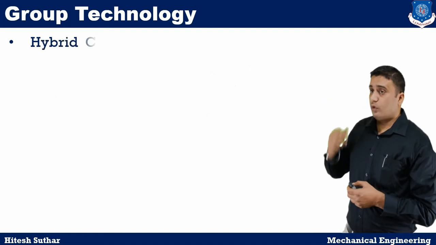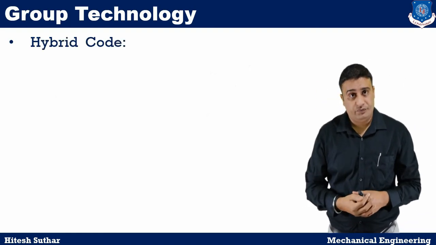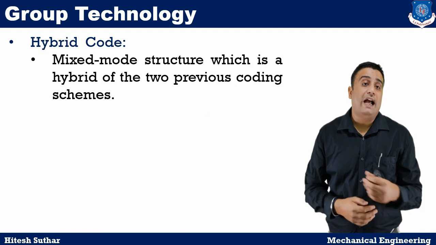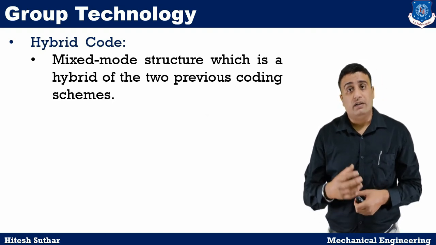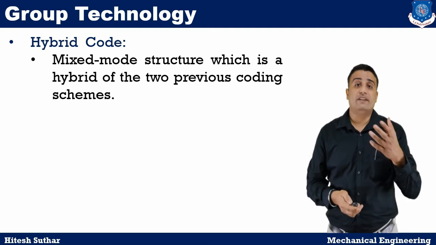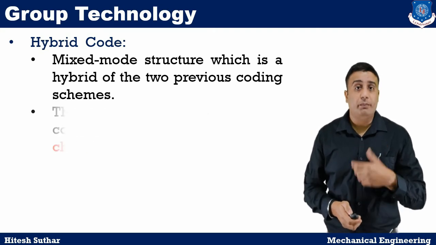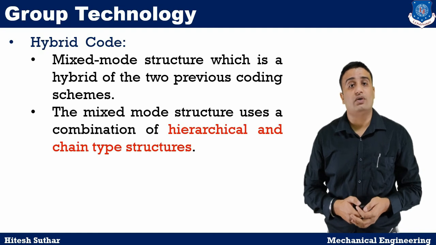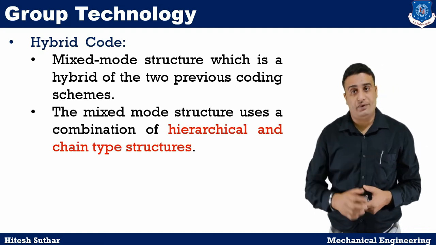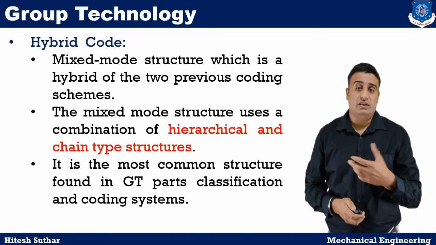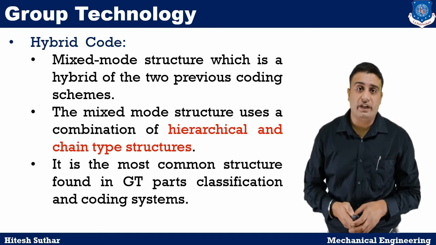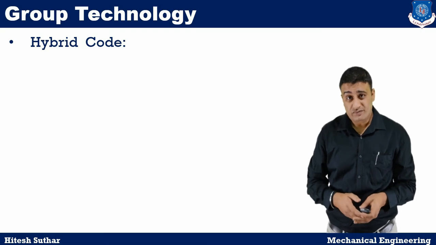Now moving on to the next code, the hybrid coding system. As the name suggests, the hybrid coding system is also known as the mixed code structure, which is a hybrid of the two previous coding schemes. The mixed code structure uses a combination of hierarchy and chain type structure. It is the most common structure found in group technology parts classification and coding systems.